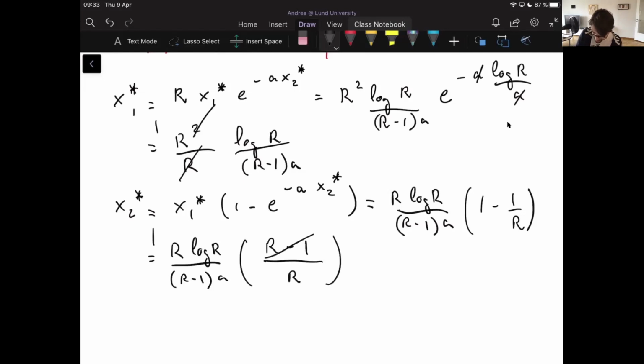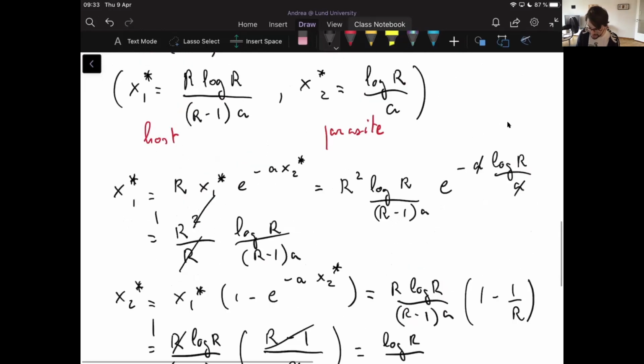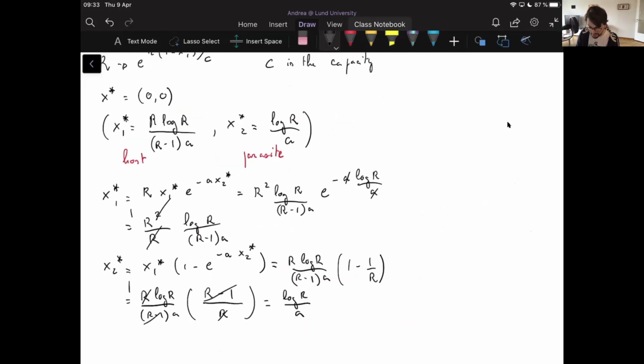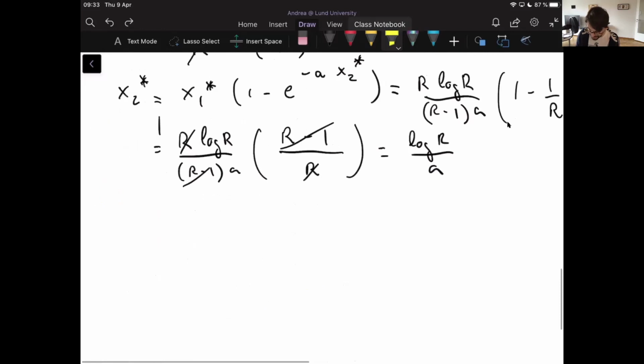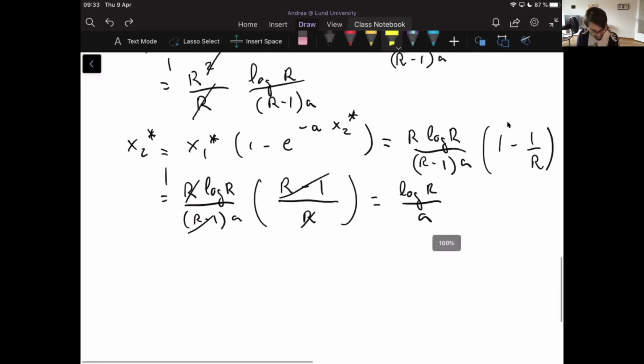And then r minus 1 and r minus 1 simplifies, r and r simplifies, and I'm left with log r divided by a, which was exactly my definition of the fixed point. So you see that there is a correspondence between fixed points here and the fixed points that are defined here. Okay? So these are fixed points for the original Nicholson Bailey models, for the traditional one of the 30s.